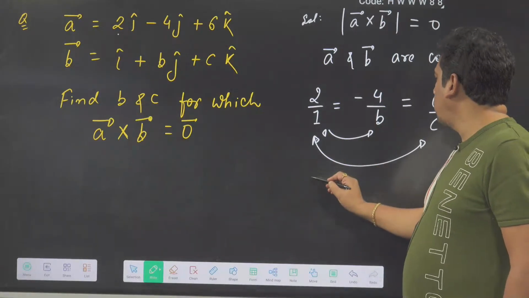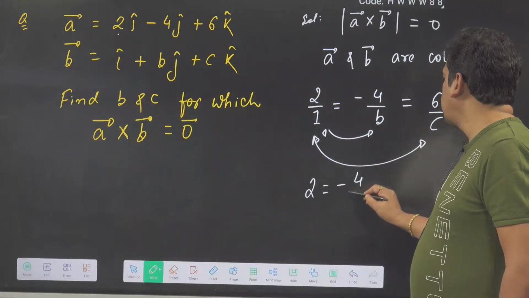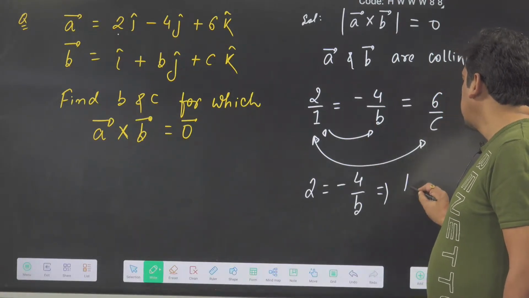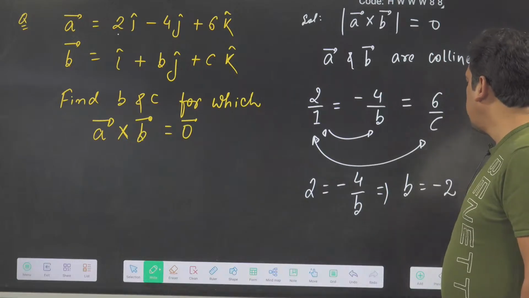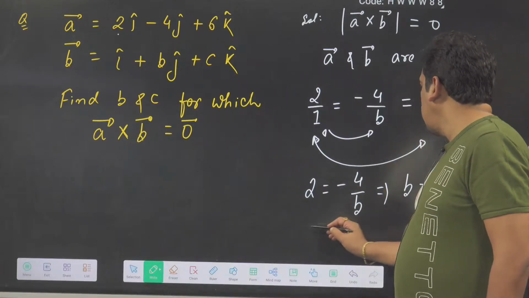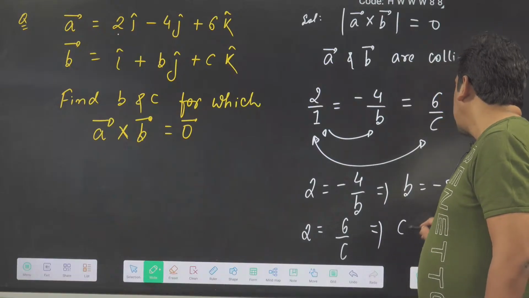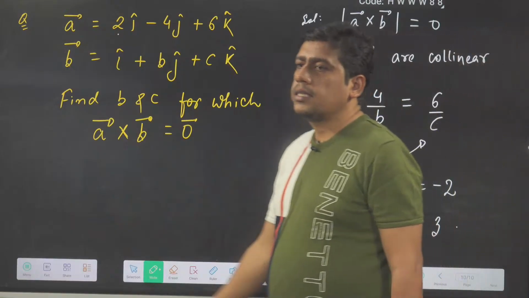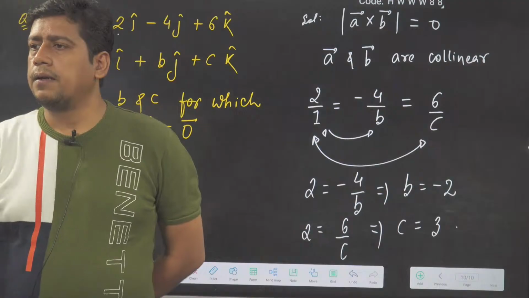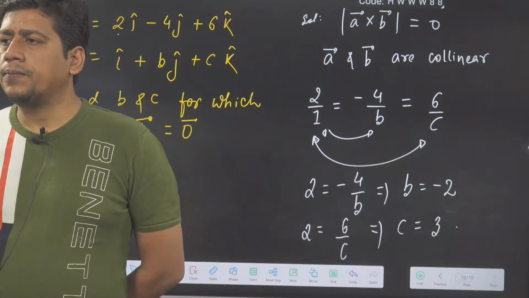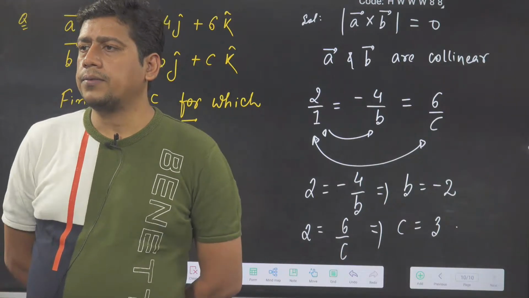Okay, so 2 equal to minus 4 by B, which gives us B equal to minus 2. Similarly, 2 equal to 6 divided by C, so C gives us 3. So minus 2 and 3 is the correct answer.